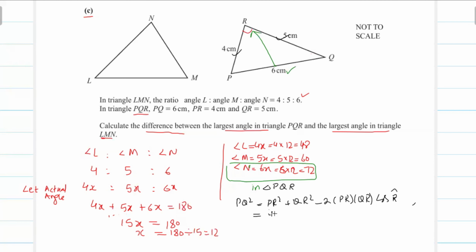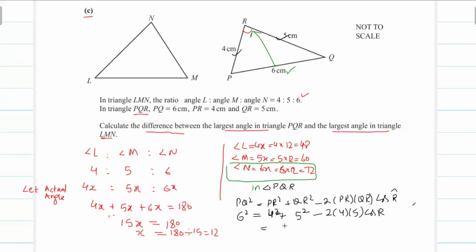PR here is 4. We write 4 square. QR is 5. 5 square minus 2 times of 4 into 5 into cos R. And PQ square here is 6 square.